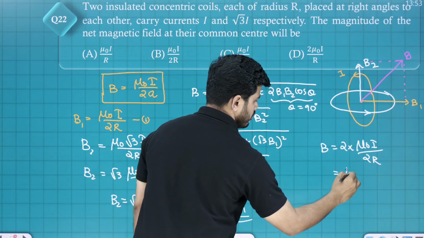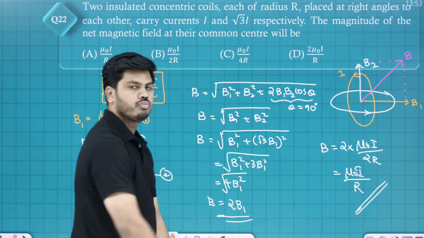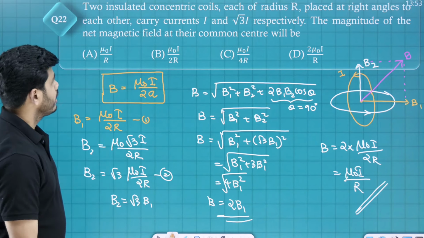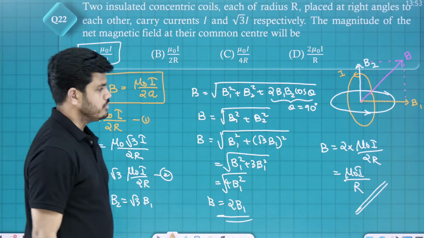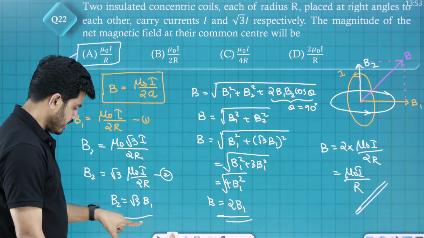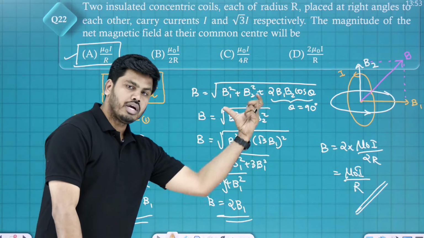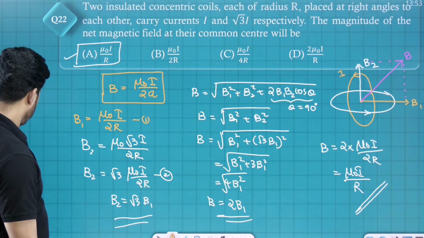The 2 gets cancelled, giving mu naught I by r. This is the resultant magnetic field at the center of the loop, and mu naught I by r is option A. This is the correct answer. So this relation will help you to simplify that parallelogram law calculation easily. Next one.